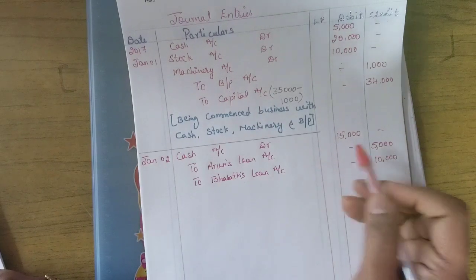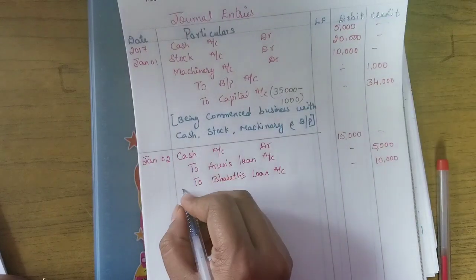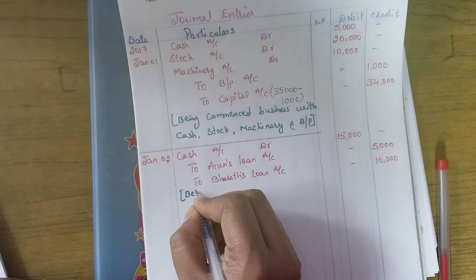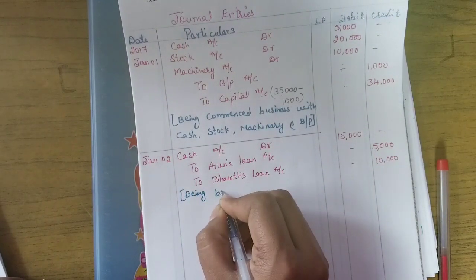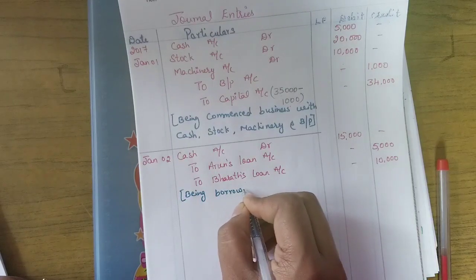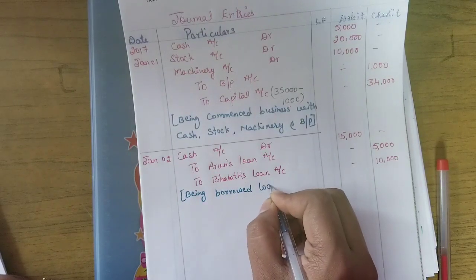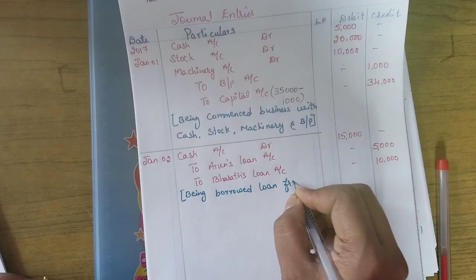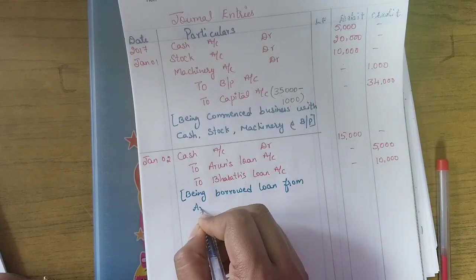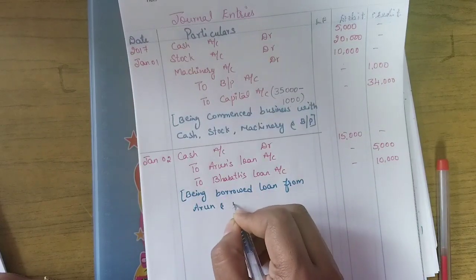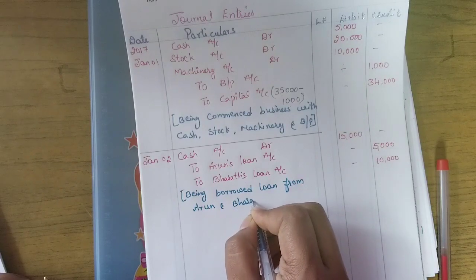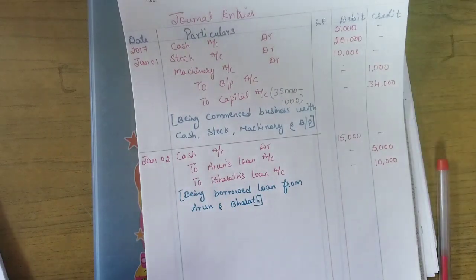So total cash we received is 15,000. Being borrowed loan from Arun and Bharat. Okay. So this will be your entry.